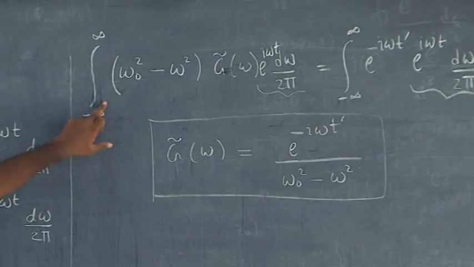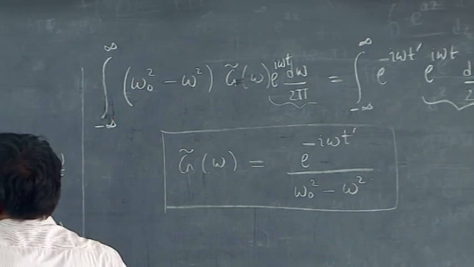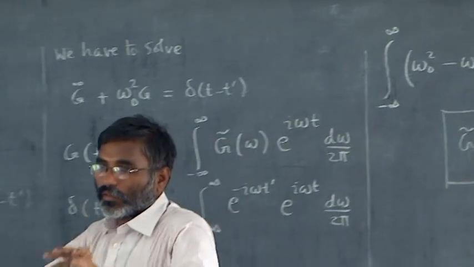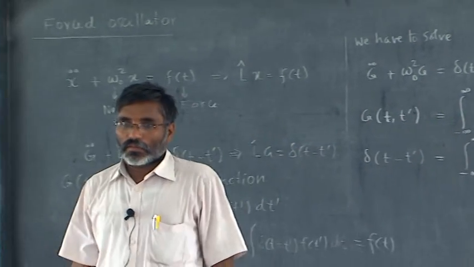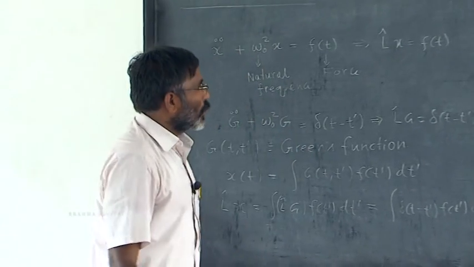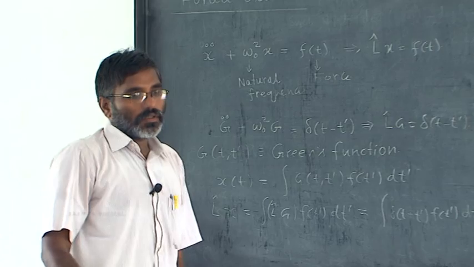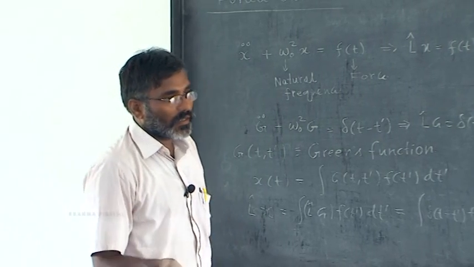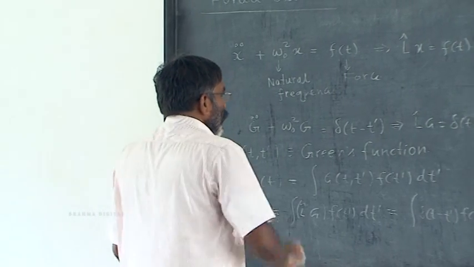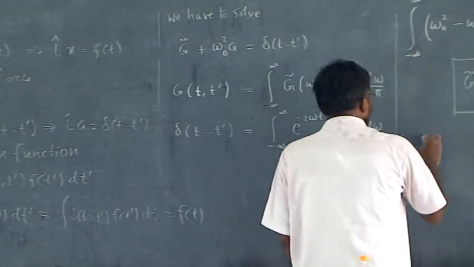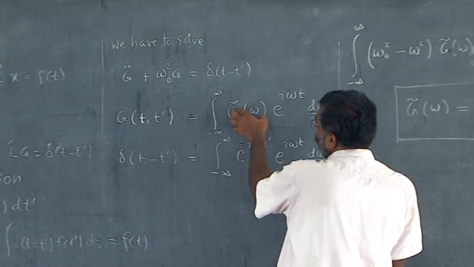I am substituting this in this equation and I take the integrands. So essentially I have got the Fourier transform of the Green's function. I take the inverse Fourier transform and I will get the Green's function. When I take the inverse Fourier transform, I substitute that g tilde of omega here, that's all.